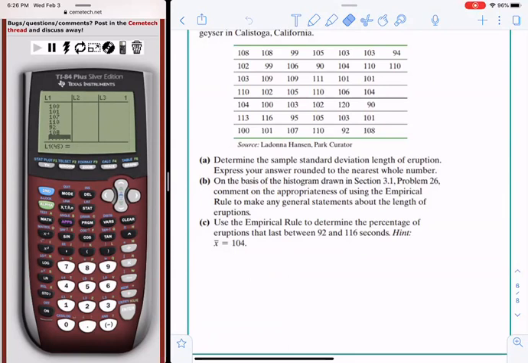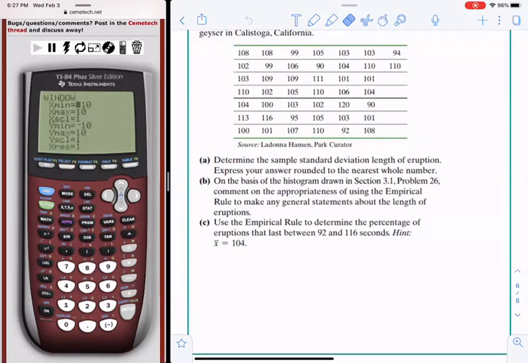We can actually create a histogram just to see the shape of this data. So press second start plot, turn it on, and go over to histogram and the data in the list, which is list 1. And we have to adjust the window because the values are in the hundreds.